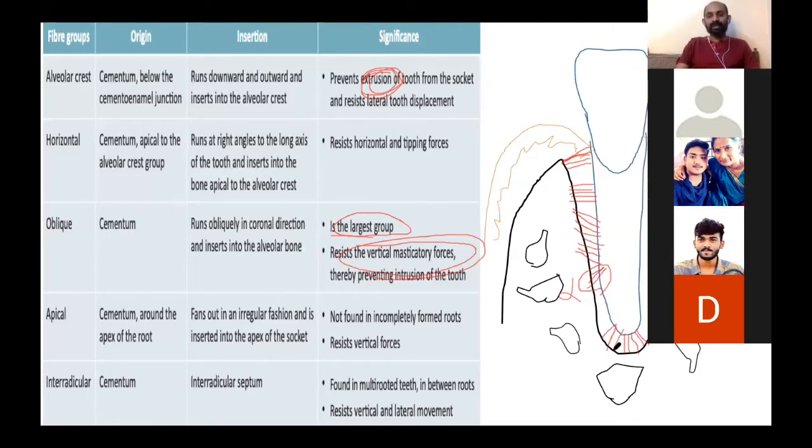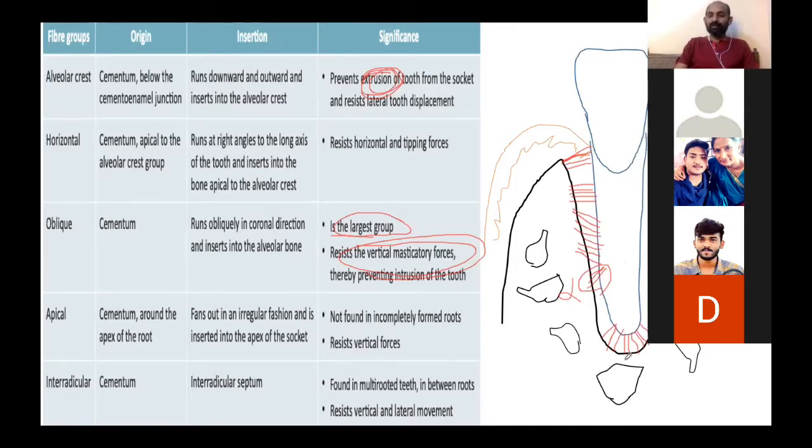But what you should understand is, when I say apical portion, all of you are aware when the tooth is erupting, a newly erupted tooth, you are aware that the root is not completely formed. Yes, am I right? So the root is not completely formed. When a root is not completely formed, this apical group of fibers would not be present in such a tooth, right?